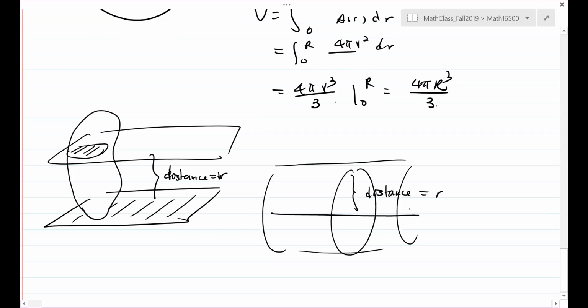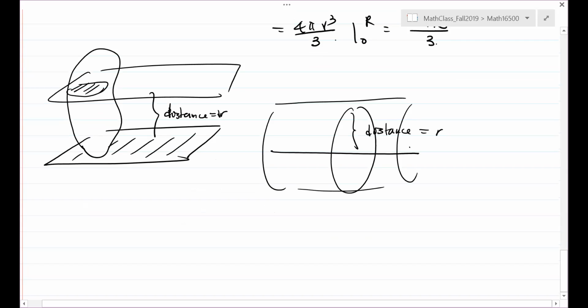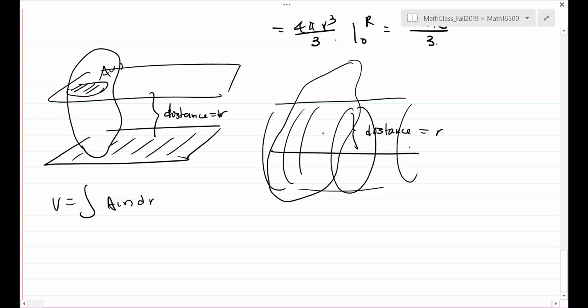If this is a portion that gives A(r), then the volume is going to be the integral of A(r) dr. And the same here, if you have a cross section, this is the surface area, so the volume is also the integral of A(r) dr.